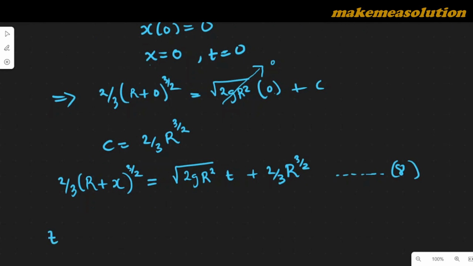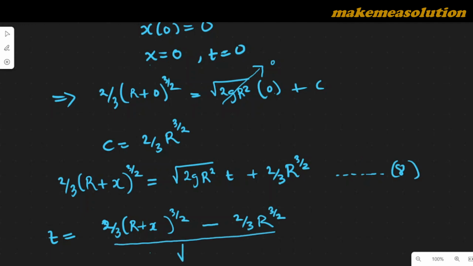So if you make t the subject of the formula, you agree with me that you're going to get 2 over 3 r plus x raised to the power of 3 over 2 minus 2 over 3 r raised to the power of 3 over 2, divided by the square root of 2gr squared, like this.